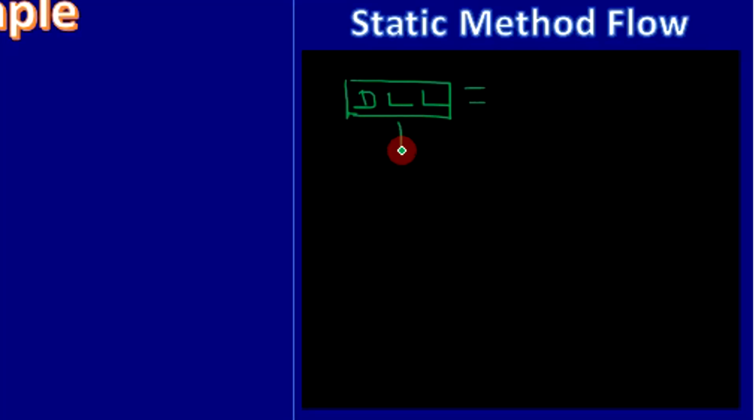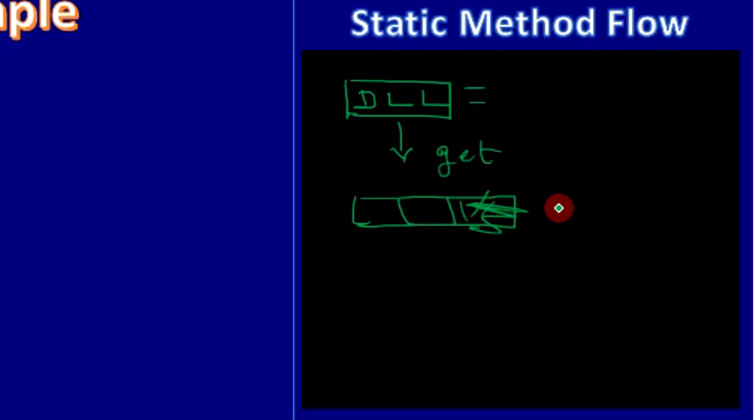After that, get the method. Since it is a static method, we will be getting the add number method. Here, if you see, we don't create any instance. Here we will pack the parameters as arrays. There are two arrays.